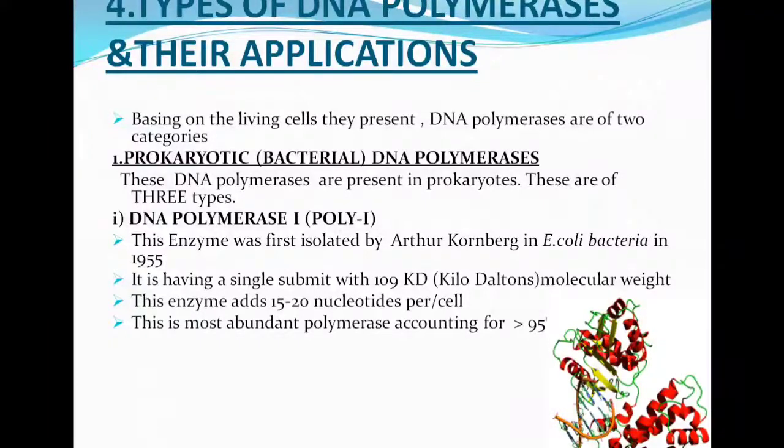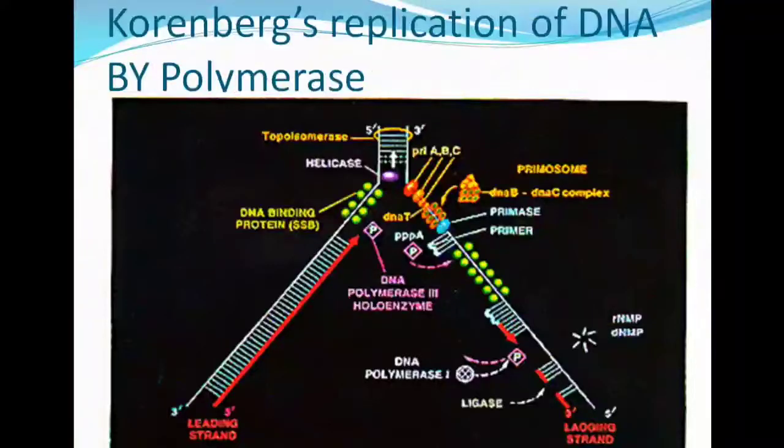It can add 15 to 20 nucleotides per second. That is its activity. And it is the most abundant enzyme, accounting for more than 95% of the DNA polymerase enzymes.